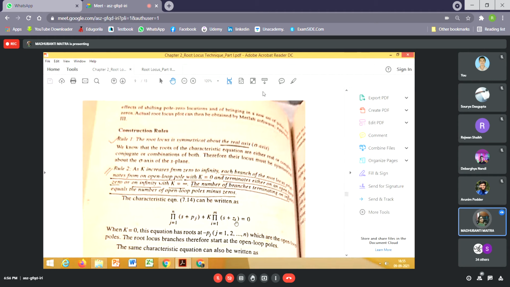So in this equation, if we put the value of gain k equal to 0, then all these terms will be 0. Okay. So the characteristic equation, when the value of gain k is 0, will have n number of roots located at minus pj's. You get my point?